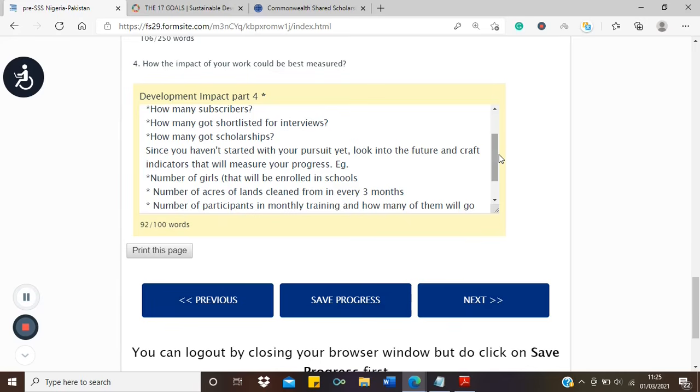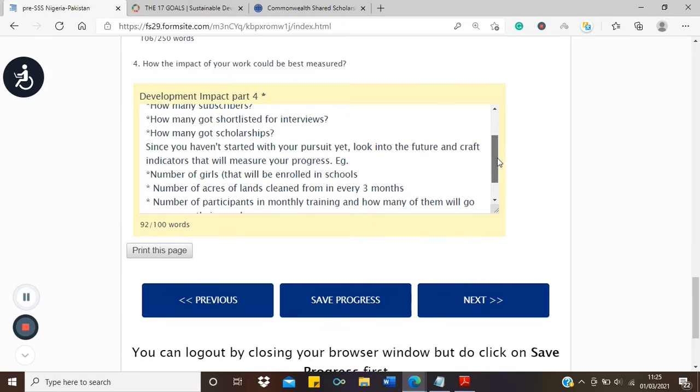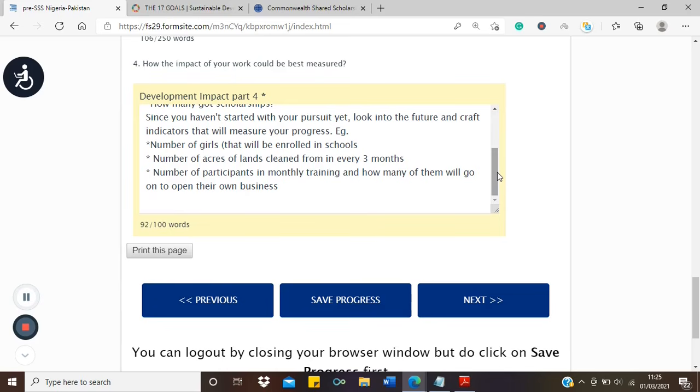What questions would somebody ask you in 2 years' time or in 3 years' time to assess what you've done or what you will be doing then? Questions like, my project will be measured by the number of girls enrolled in schools. My project will be measured by the number of acres of land cleaned up in 3 months or in 6 months.